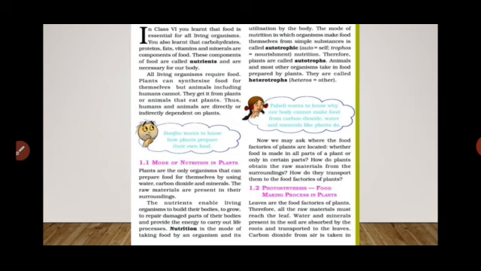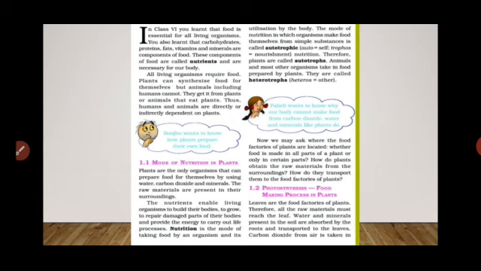The roots absorb the water from the soil, and they take that water to the leaf by the path of the stem. So the water and minerals we get from the soil are absorbed by roots.